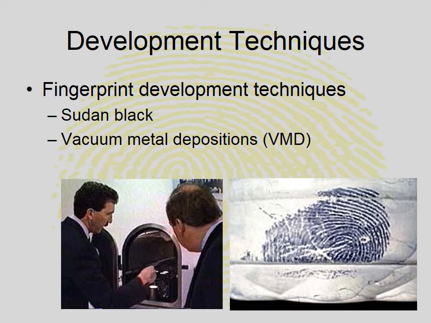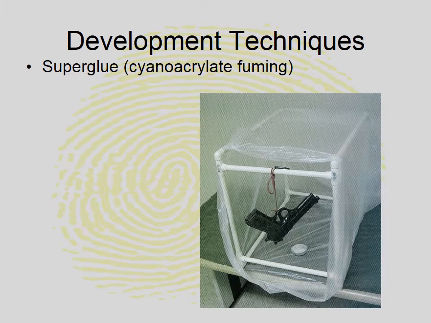It's very helpful with rough surface objects like concrete. They've been able to develop some fingerprints off rough surfaces through this method by putting the object into the chamber along with Sudan black, and it develops because again it attaches to what is on the fingerprint.